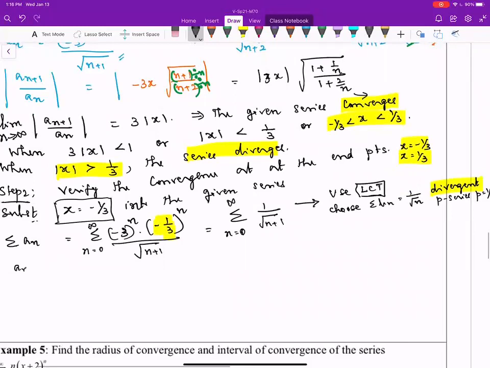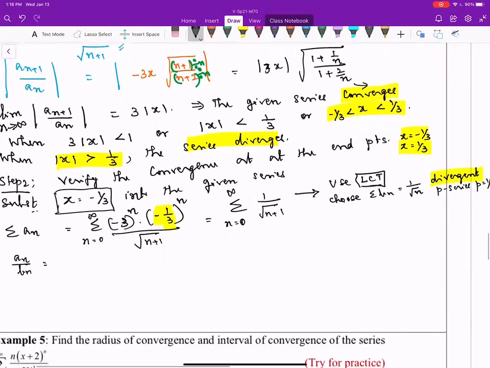So let's consider an over bn for limit comparison. So an is 1 over square root of n plus 1, which is this one here. Then we are going to divide that by bn, which is 1 over square root of n.